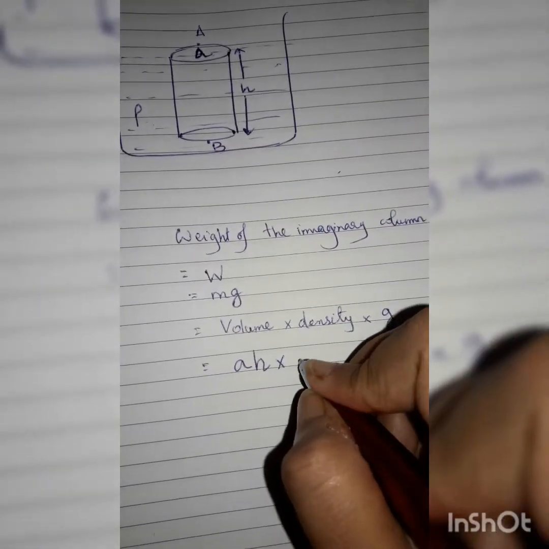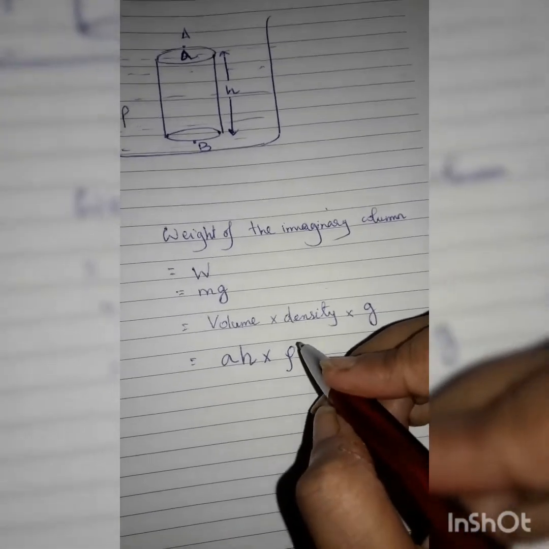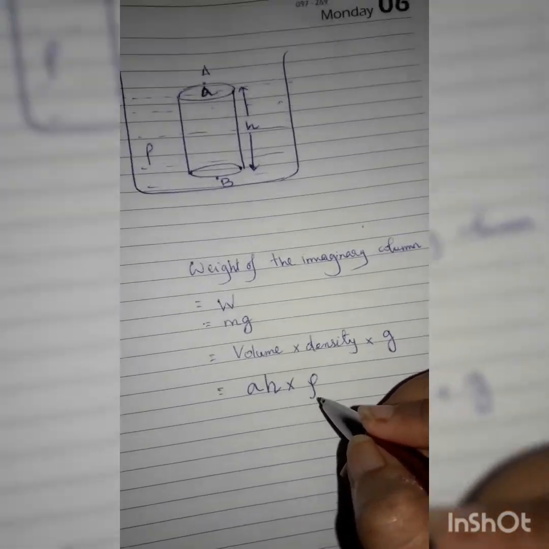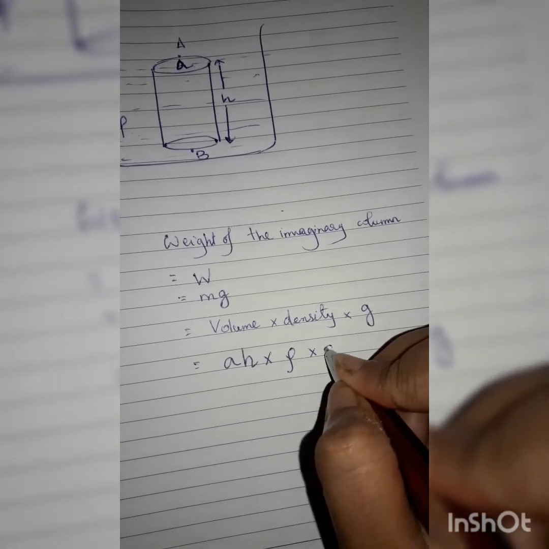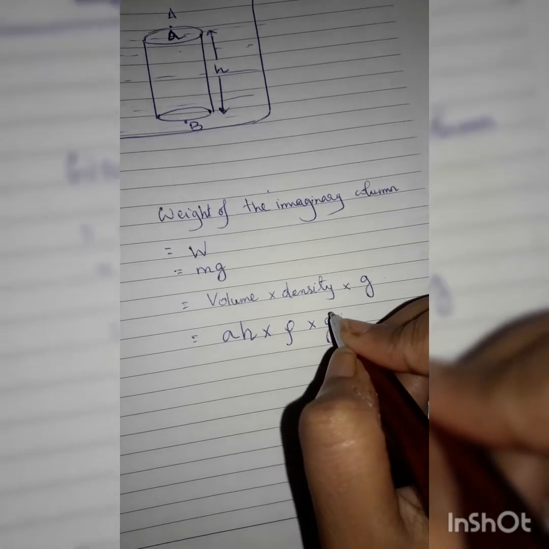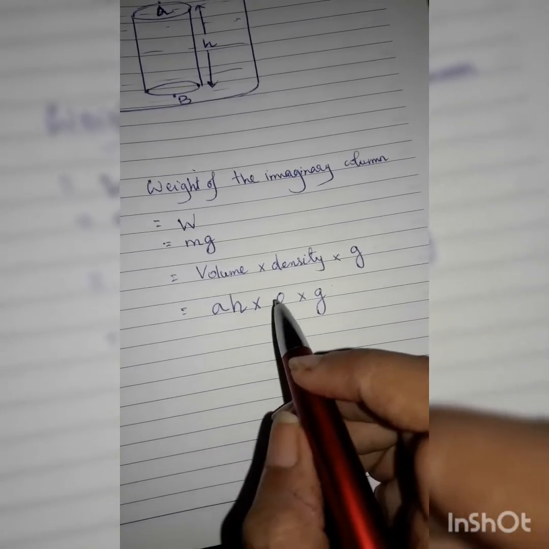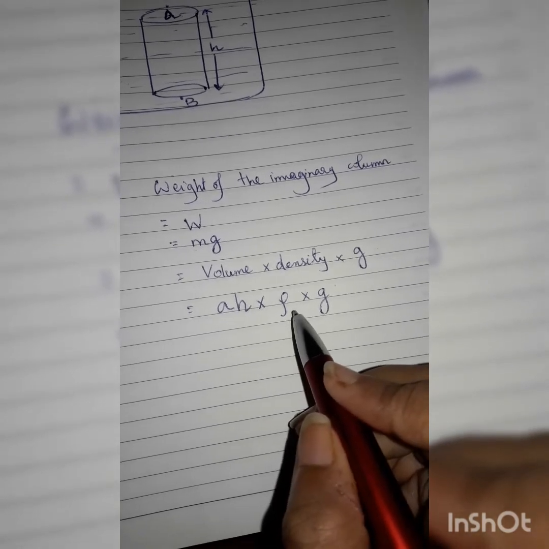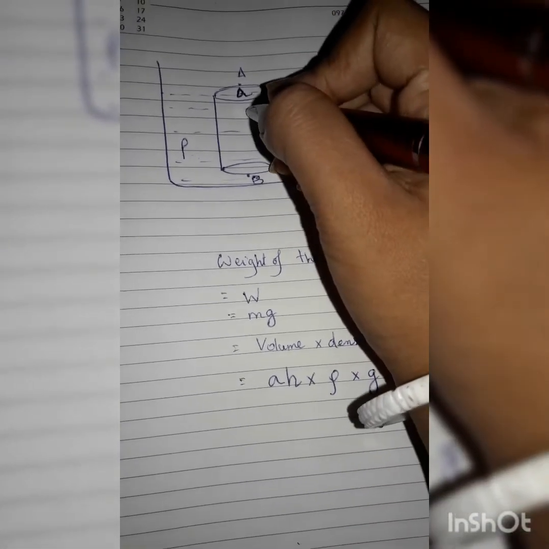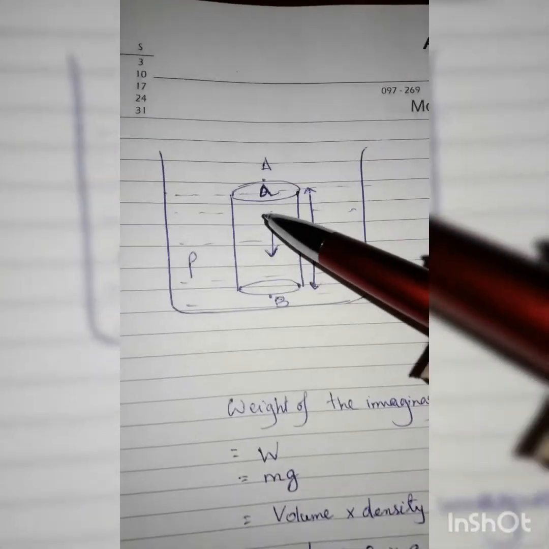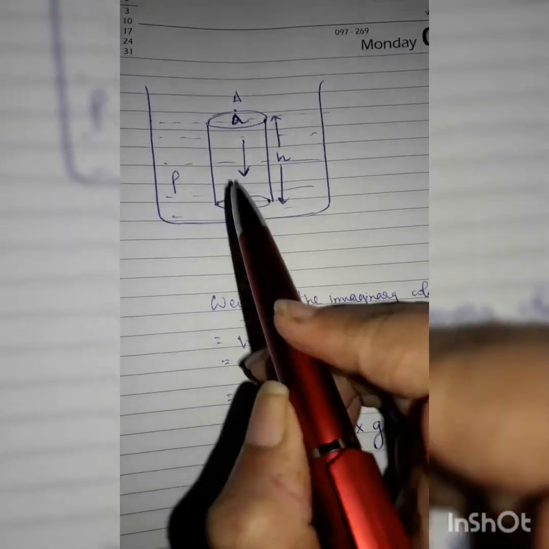This is a Greek letter, pronounced rho, R-H-O, into gravity. So this is the thrust exerted by the liquid column on the base of the beaker, the perpendicular force exerted by the liquid column at the base of this beaker.